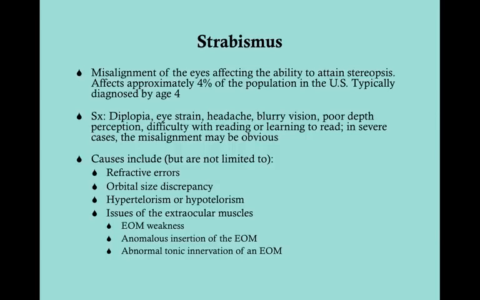And then, of course, issues of the extraocular muscles. So, for instance, if any of the extraocular muscles are weak, or if they're inserted improperly, or if the extraocular muscles are receiving an abnormal tonic innervation, be it too much or too little, that can cause a misalignment of the eyes as well.